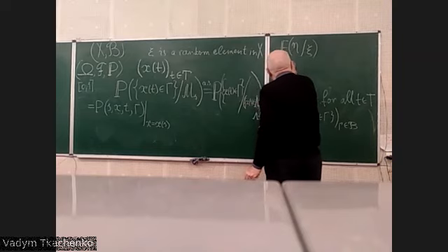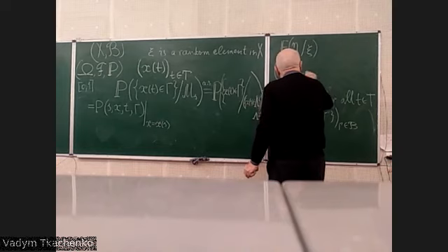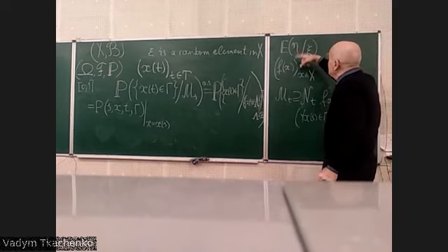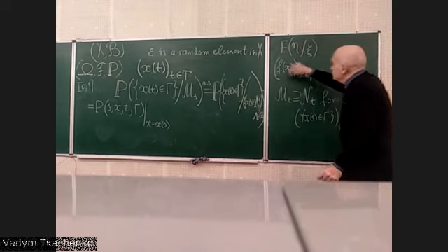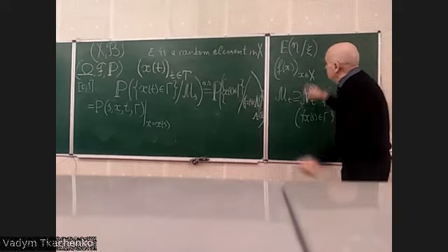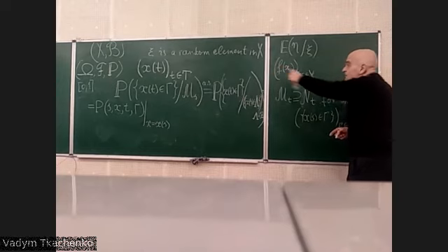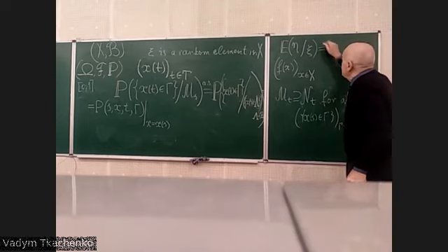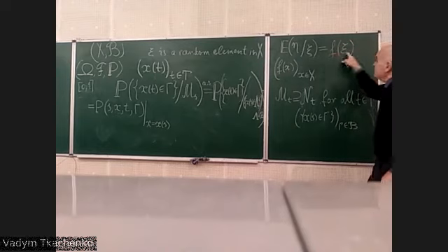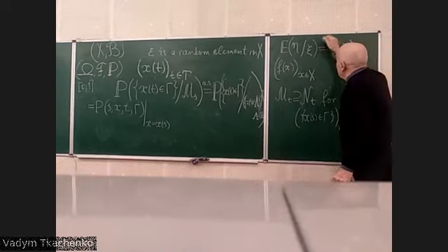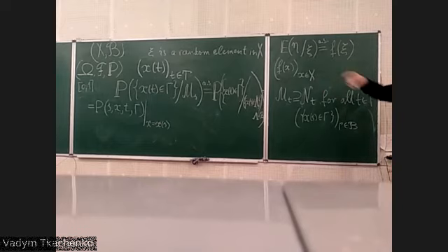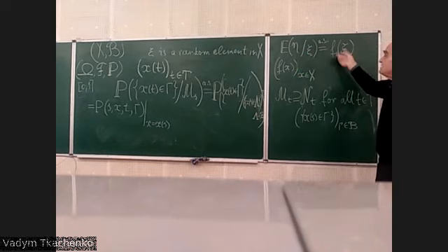There exists a function f of x that is B measurable and takes its values in the reals. It is defined on X and is B measurable. And this is the result of substitution into this function of this random element, and this equality is almost sure. The expectation of something given a random element is a function of this element.